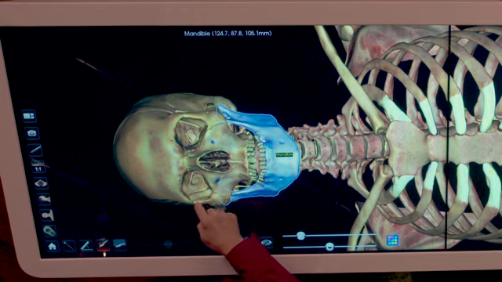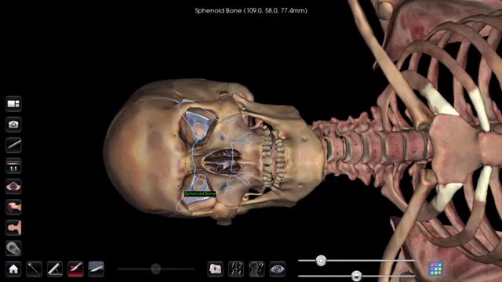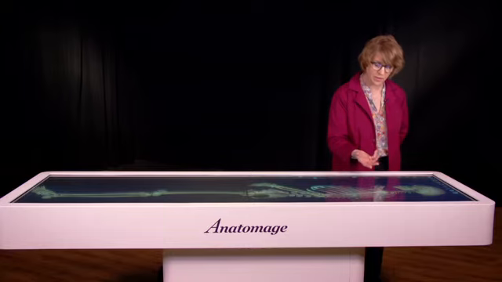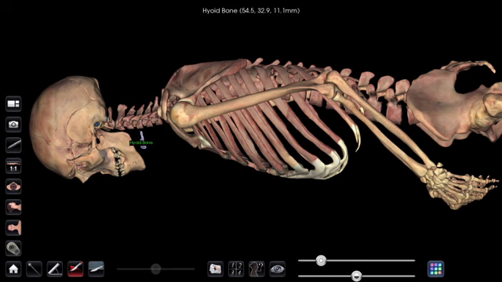In the posterior orbit, we can see how the sphenoid bone contributes to much of the anatomy of the posterior aspects of the eye sockets, as well as those pterygoid plates that I mentioned earlier. Another bone that is important for its muscle attachment sites is the hyoid bone that we see here.